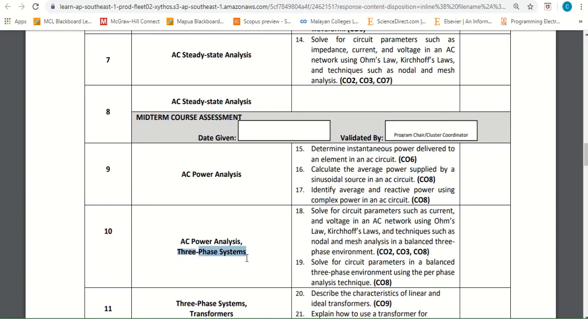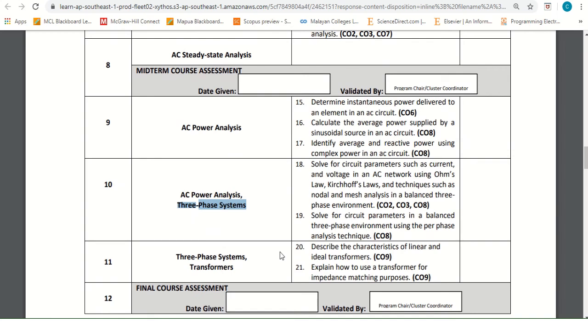So the first part of AC will cover single-phase systems, and the second part will cover three-phase systems. The analysis is very similar to the single-phase AC analysis, but we'll be discussing additional techniques in dealing with three-phase systems.